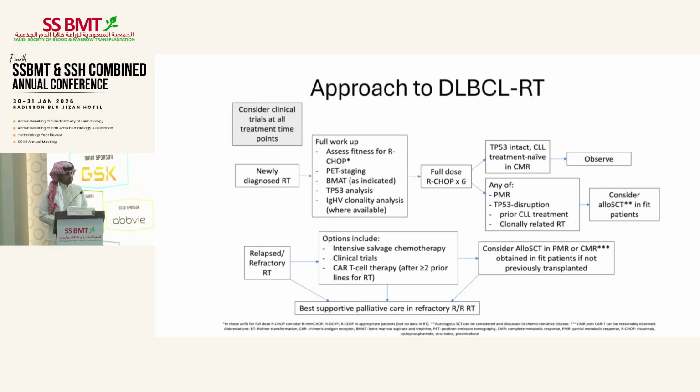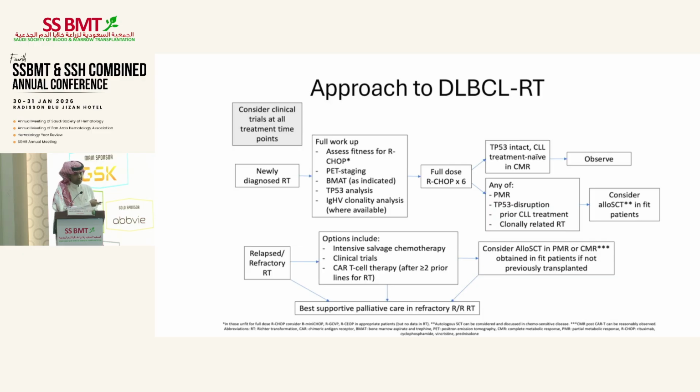So this is a British group who put forward a proposed algorithm of how you would treat those cases. After the diagnosis is confirmed and you've done the necessary molecular studies, the majority of patients, if not all of them, will receive R-CHOP-like therapy. You may consider observing rare cases who are CLL treatment naive and achieved metabolic response.